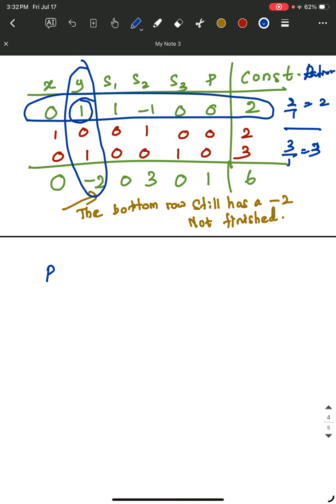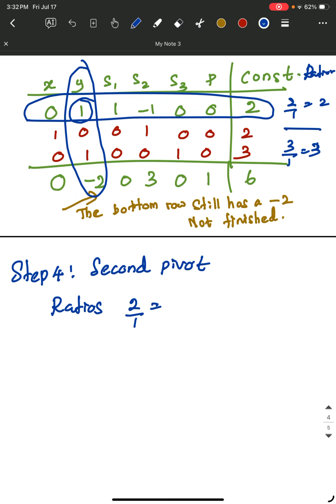So step 4, second pivot, ratios 2/1, 2, 3/1, 3.